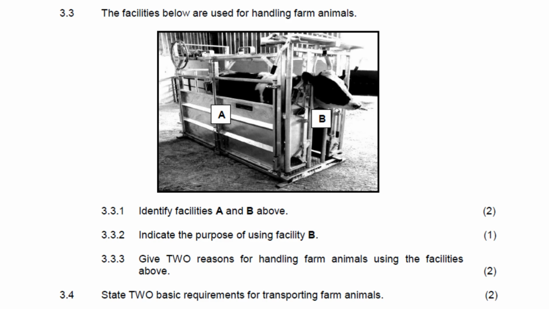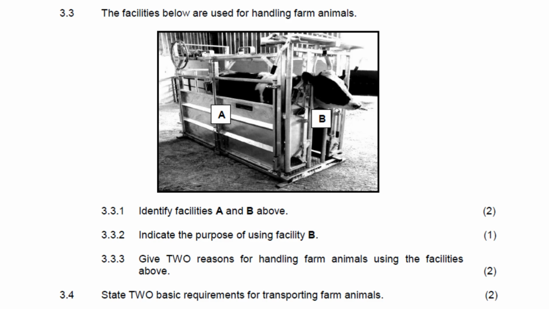Then the neck clamp now is mostly used to hold the animal's head in place, because we know if you are dealing with cattle, whether it's a cow or it's a bull, most of the time they can overpower farmers if their head is not in place, right?